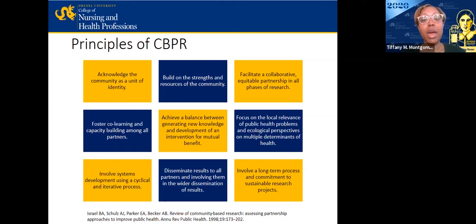Some things that matter to one community might not matter to another, even if they have similar ethnicities or they're in a similar age range, or even they're looking at a similar issue. The way that we attack cancer, for instance, in West Philly might not be the way that we attack cancer issues in North Philly even. The people who live in West Philly are slightly different than the people who live in North Philly.